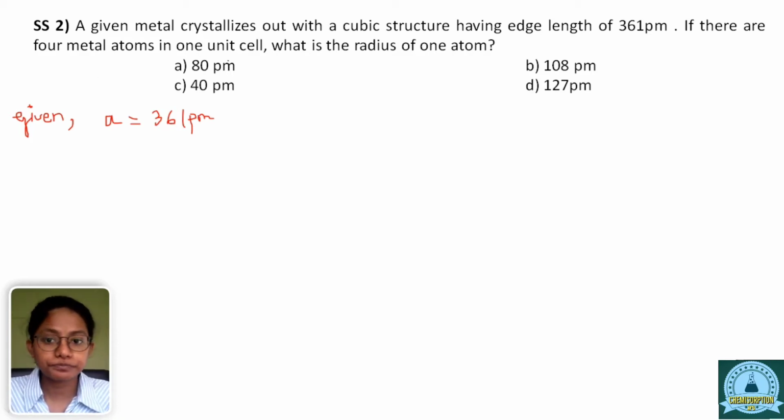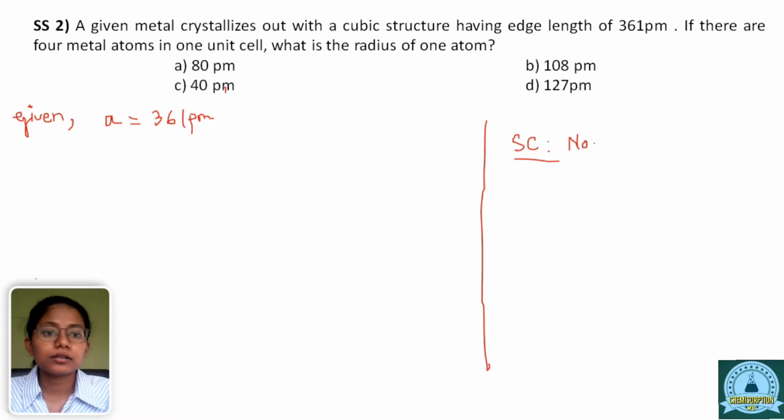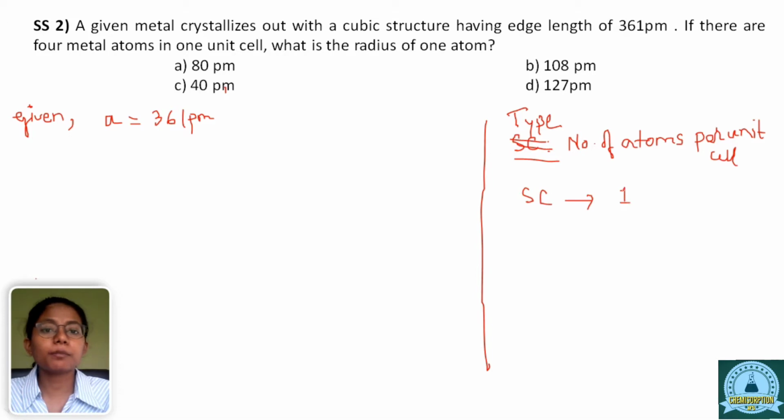Now you see, for simple cubic, the number of atoms per unit cell is 1. For BCC, it is 2, right? And for FCC, it is 4.